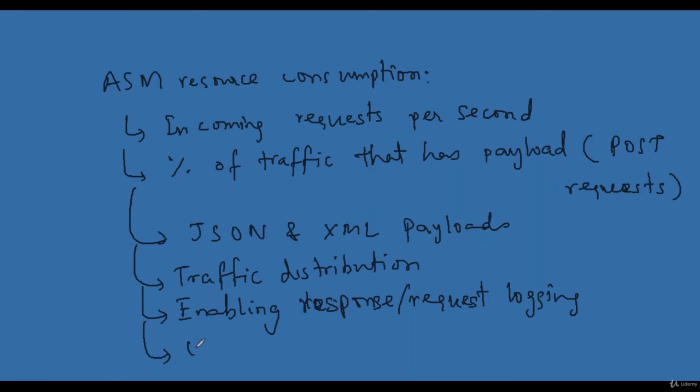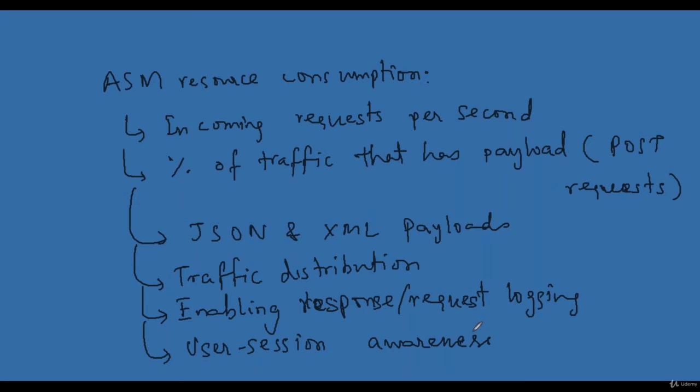If you have also enabled user session awareness, that is again consuming. How many policies are there on your device, whether the traffic learning is manual or automatic. So all this contributes to memory or CPU utilization on the device.